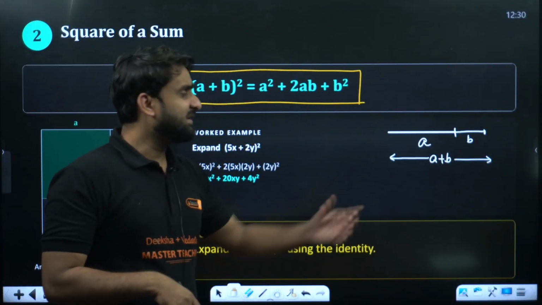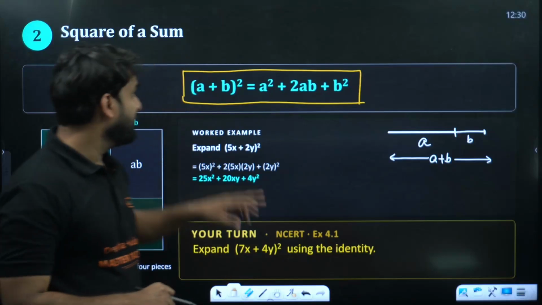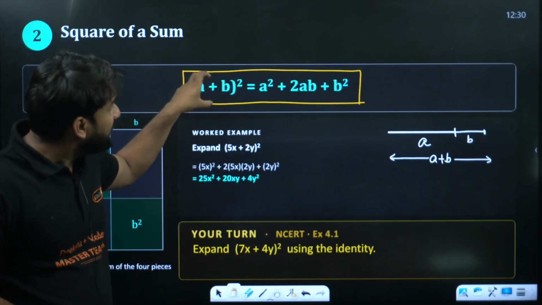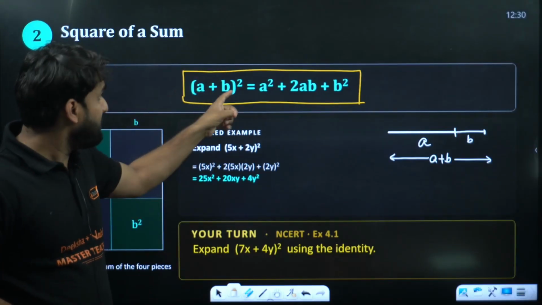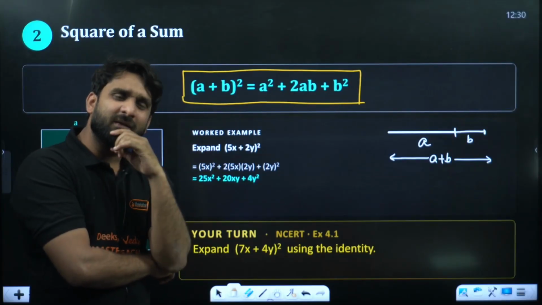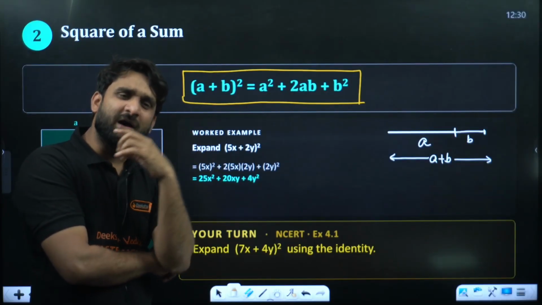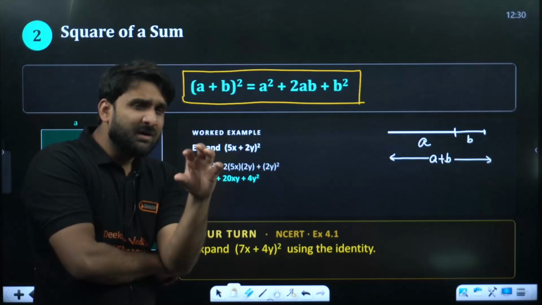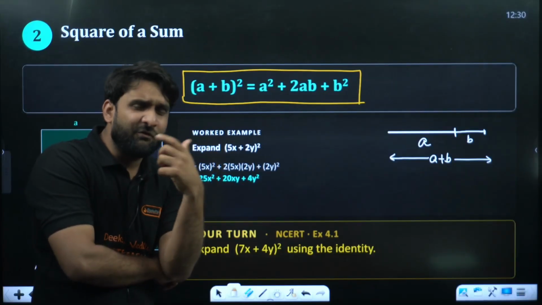You might be thinking, sir, what are you doing here? Listen, champion. This is (a + b) whole square. Something squared also resembles the area of a square.